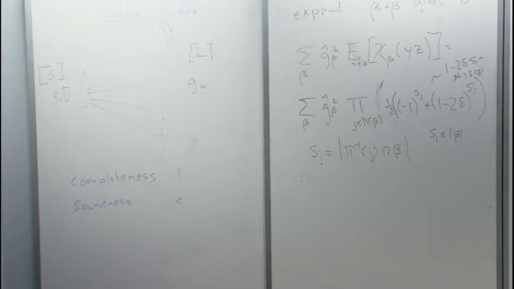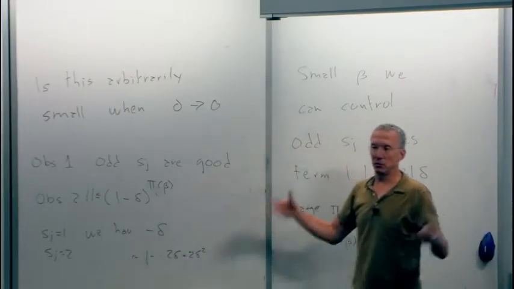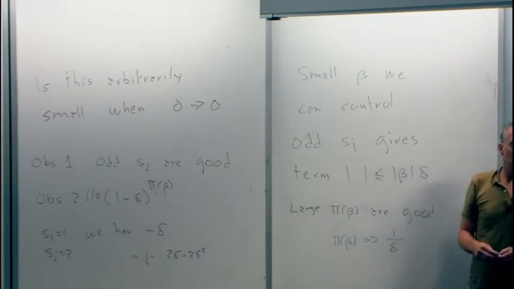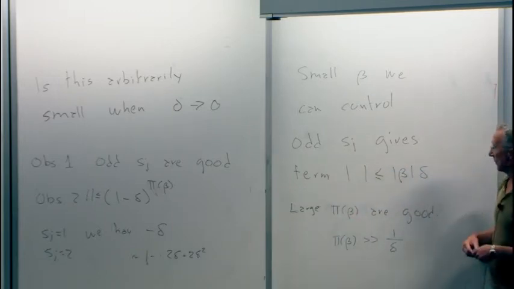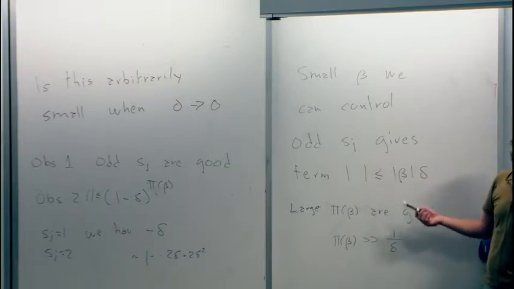Also, if the projection is large, it's good, you know. So if the projection is much larger than 1 over delta, then in fact, this one will help us. But then somehow there's a difference between the projection of beta and beta here.